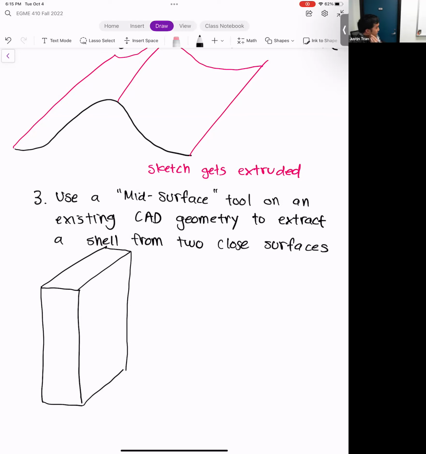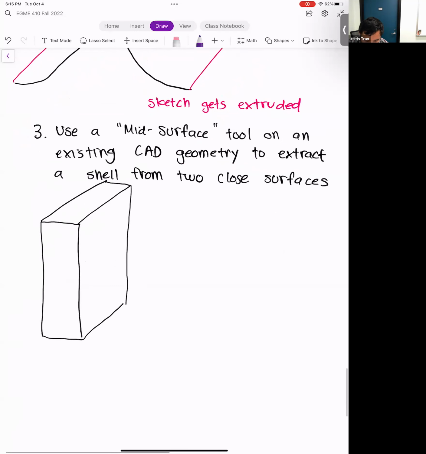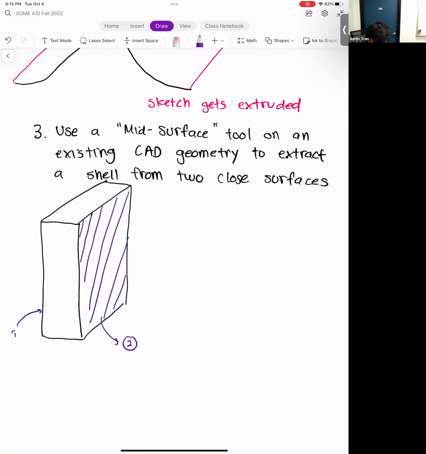In this case, it's relatively thin, and you want to replace this with a shell. The way the mid-surface works is that you select two parallel surfaces. Let's say this is surface 2, and on the other side is surface 1.